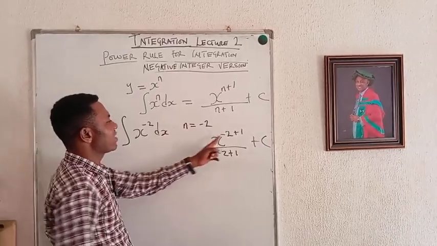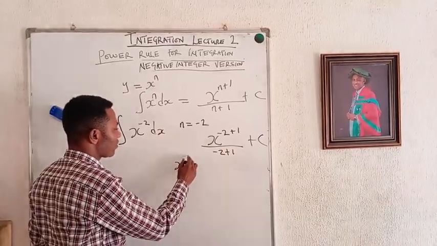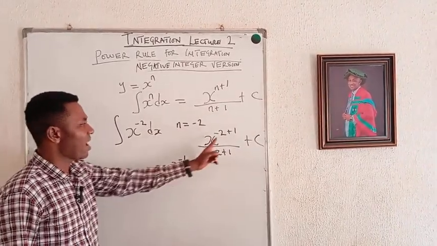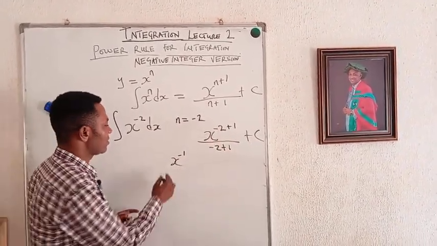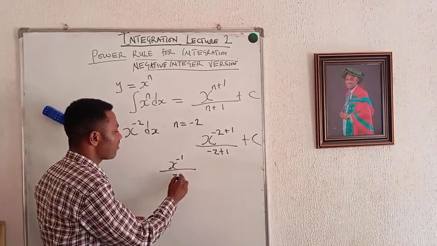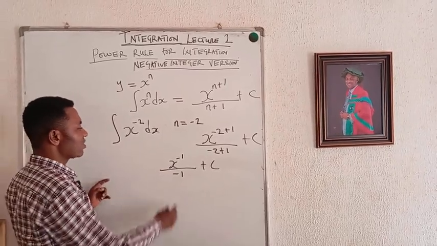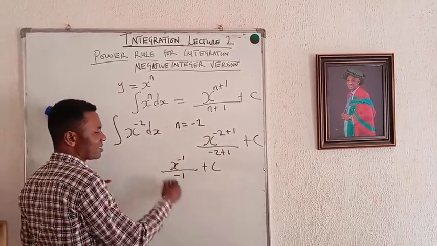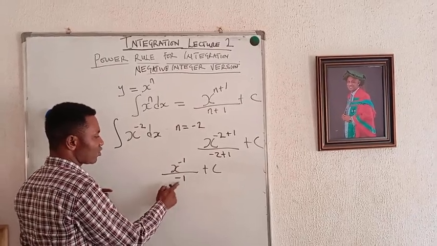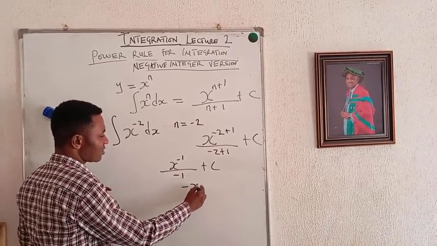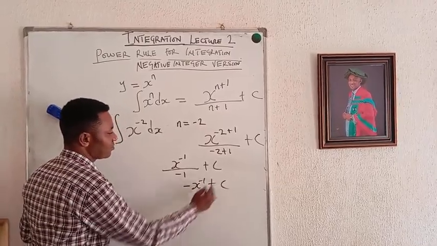Now, minus 2 plus 1, you have minus 1. Then plus c. But ordinarily, we can rewrite this as minus x minus 1 plus c.